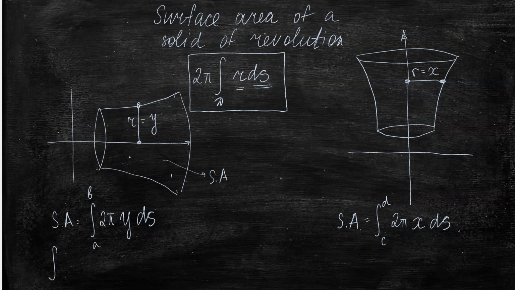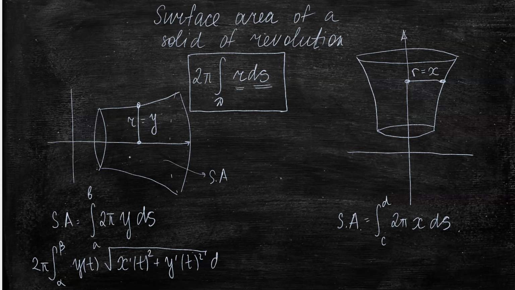expressions. Here we're going to have an integral from alpha to beta, 2 pi, and we're going to have y of t, and here we're going to have the square root of x prime of t squared plus y prime of t squared dt. And in this case, we're going to have the following expression.